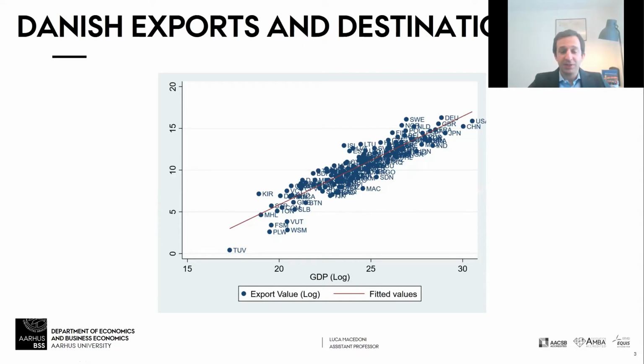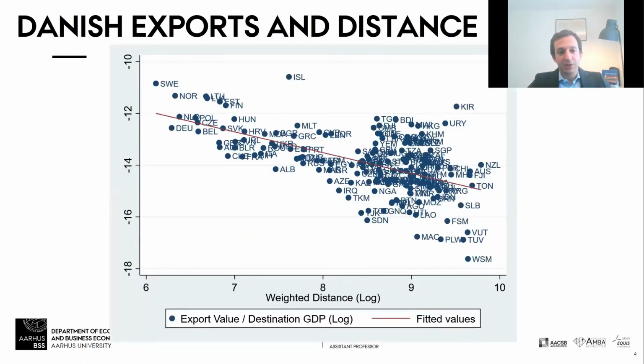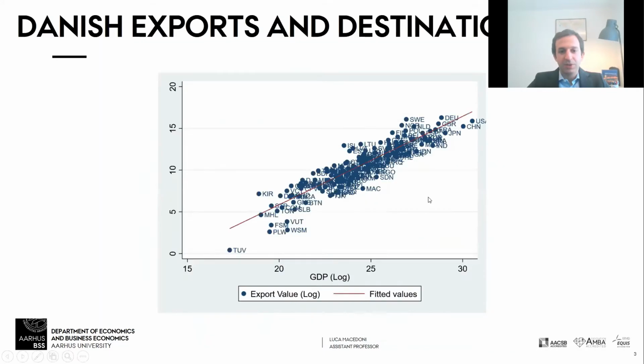What about the distance? Well, what we're going to do now is plot the export value divided by the destination GDP. In other words, we're going to control in a very rough way for the size of the destination, by taking the total export value of Denmark to, say, Sweden, divided by the Swedish GDP.